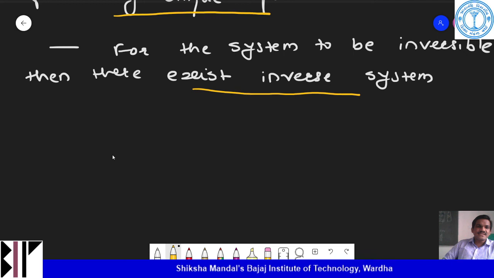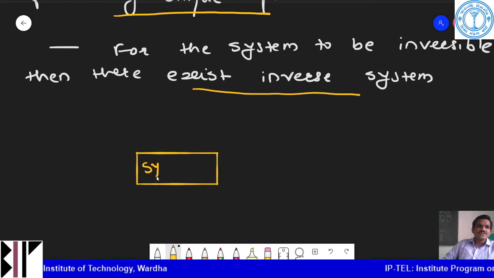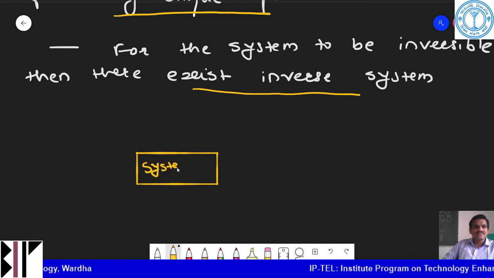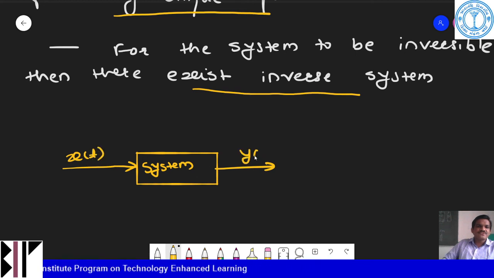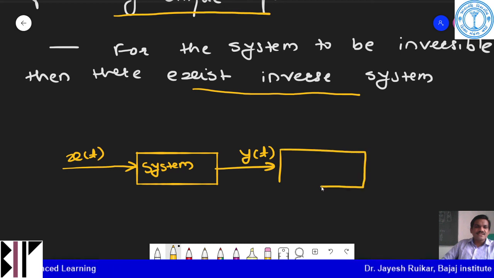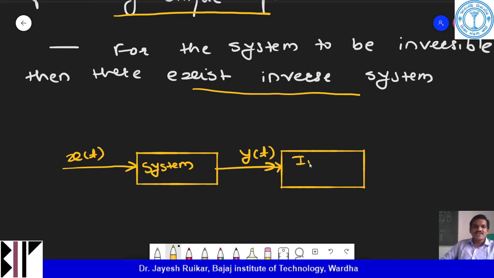Let us take two interconnected systems. This is your system. The input to the system is x of t and it will produce y of t. Now if another system is cascaded to this system, we call it the inverse system.